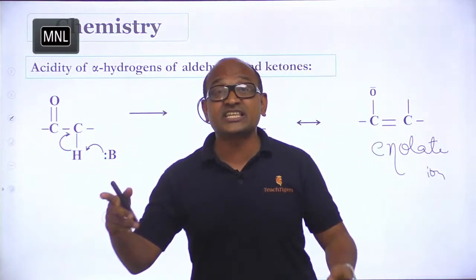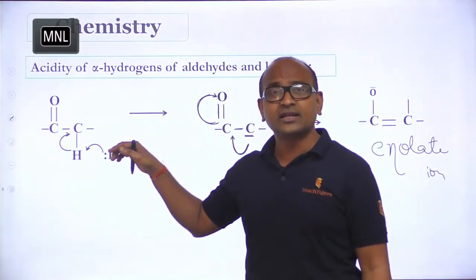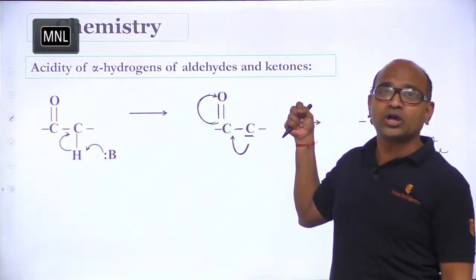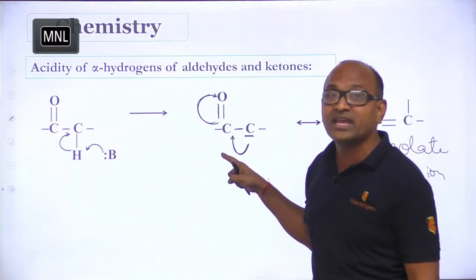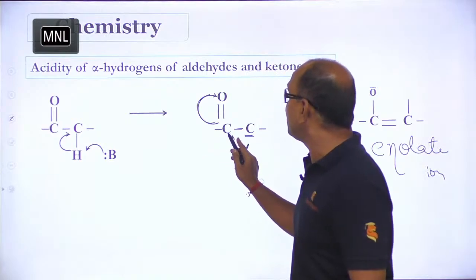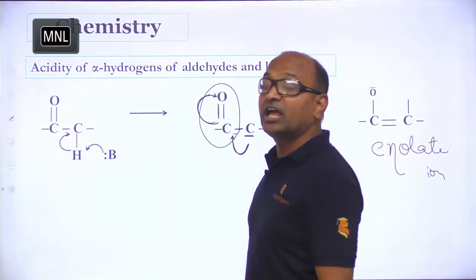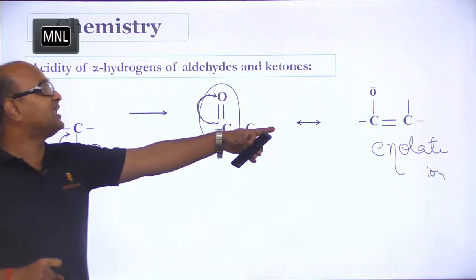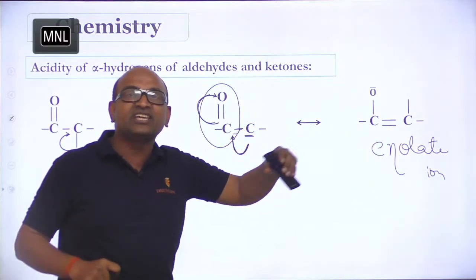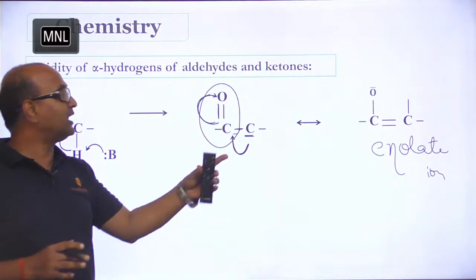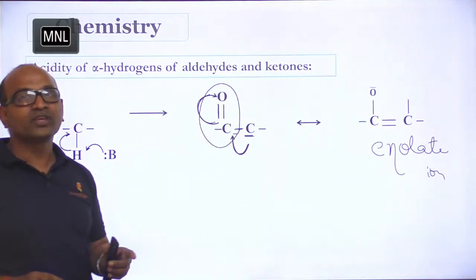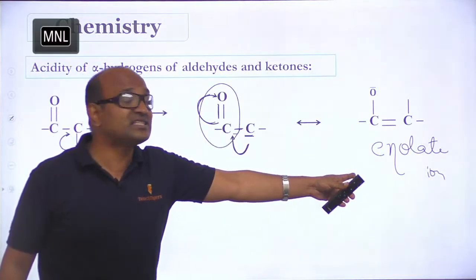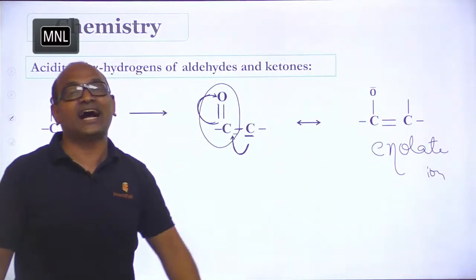And this reaction is carried out in the presence of a base. A base abstracts a proton, you will be getting a conjugate base, which is stabilized by the -I effect, the electron withdrawing ability of the carbonyl group, as well as the resonance stabilization of this negative charge. We call this conjugate base the enolate ion.